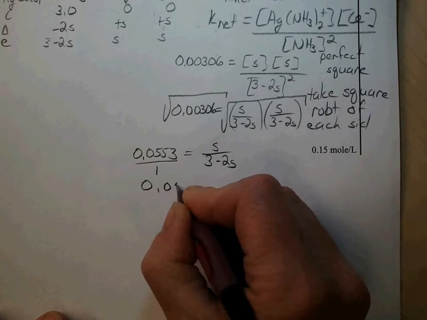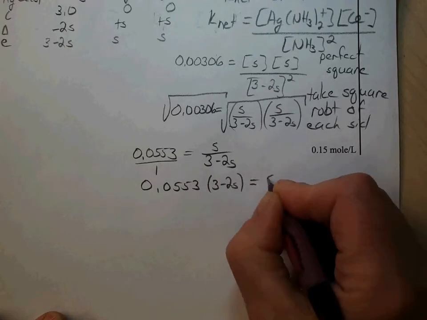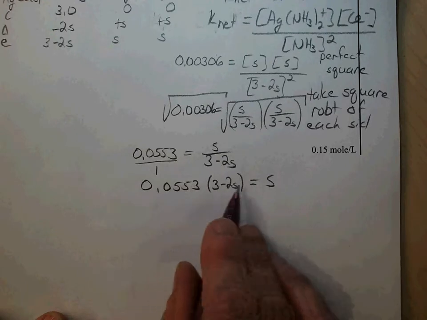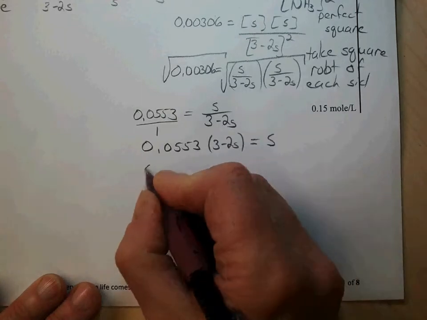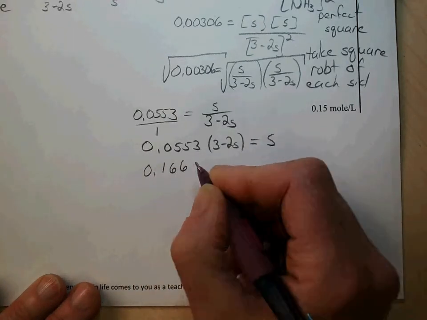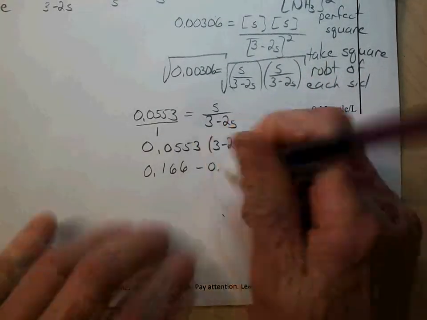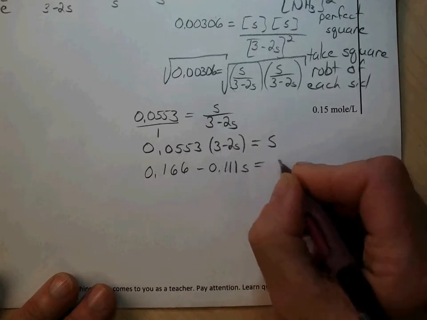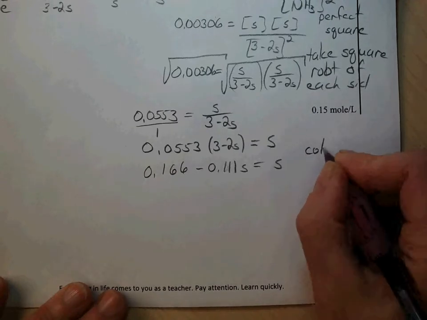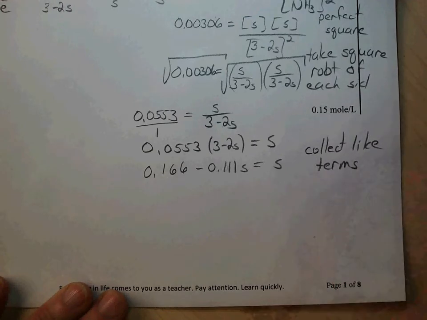So 0.0553 times 3 minus 2S is equal to S. We'll use the distributive property to multiply this out, giving 0.166 minus 0.111 times S equal to S. Now we need to collect like terms so that we can get all expressions dealing with S on one side.